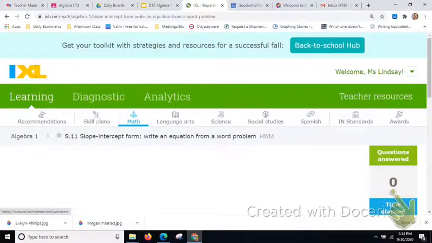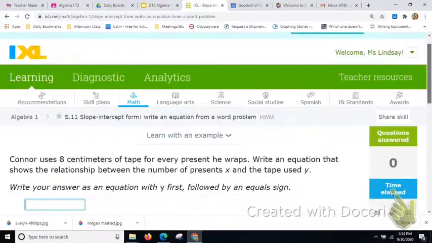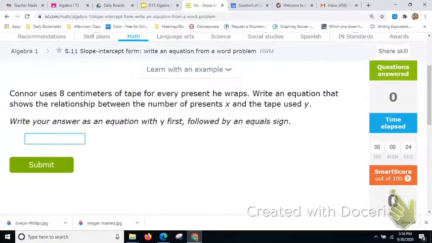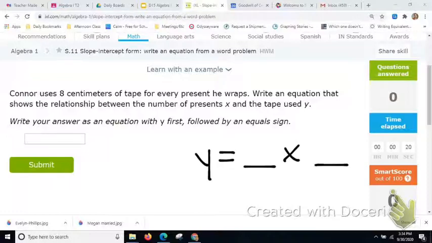So S11, we're writing an equation from a word problem. And you might think that this is going to be the hardest one, but you might find it's actually about the easiest one. So it's saying we want to show the relationship between x and y. We're still going to try to write things that are basically in slope-intercept form. So like y equals something x, and there may or may not be something out here. So in this case, there's only one number in this problem.